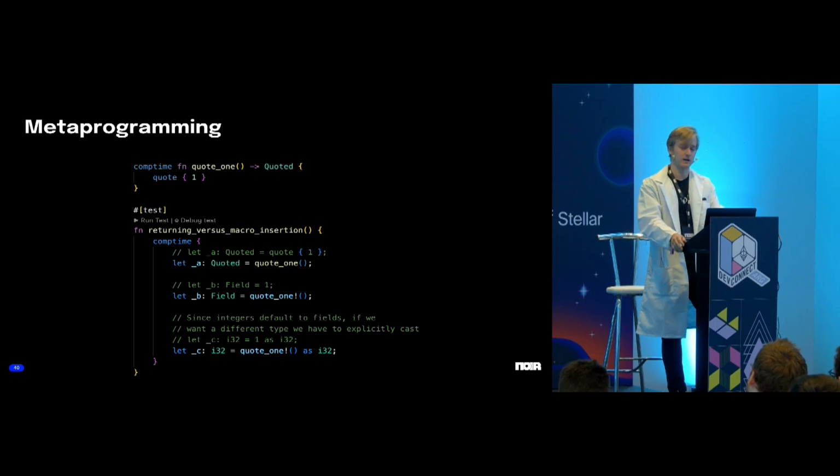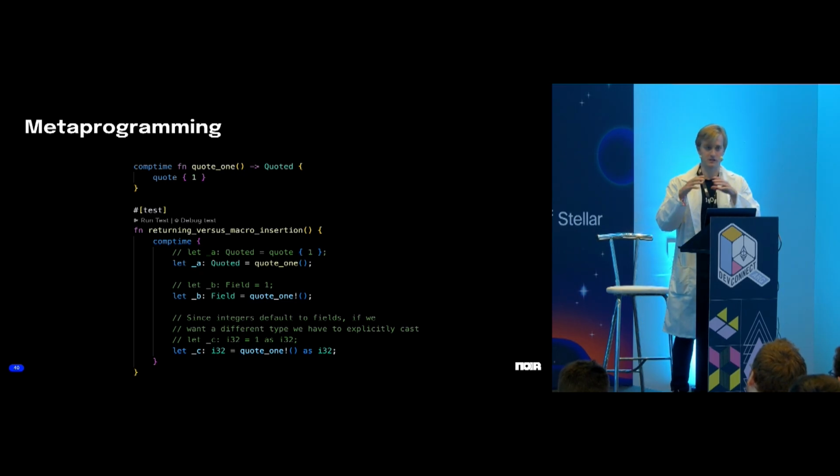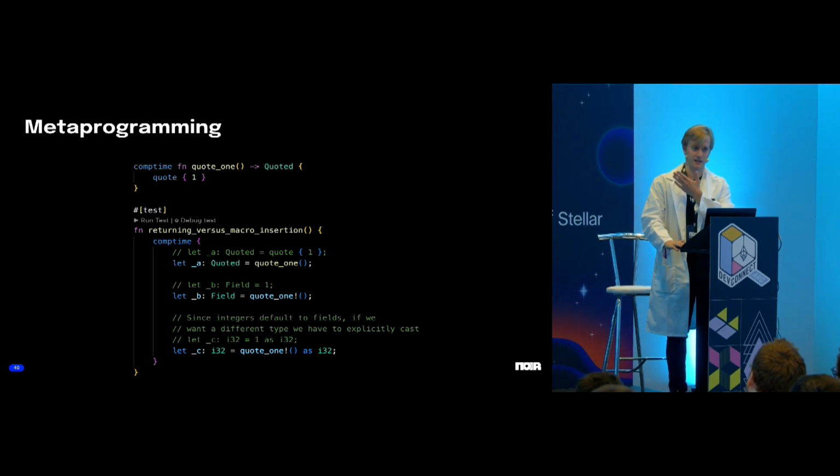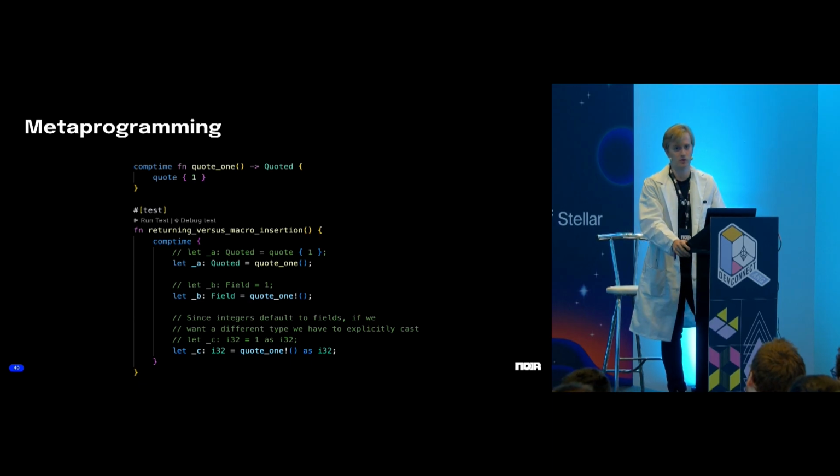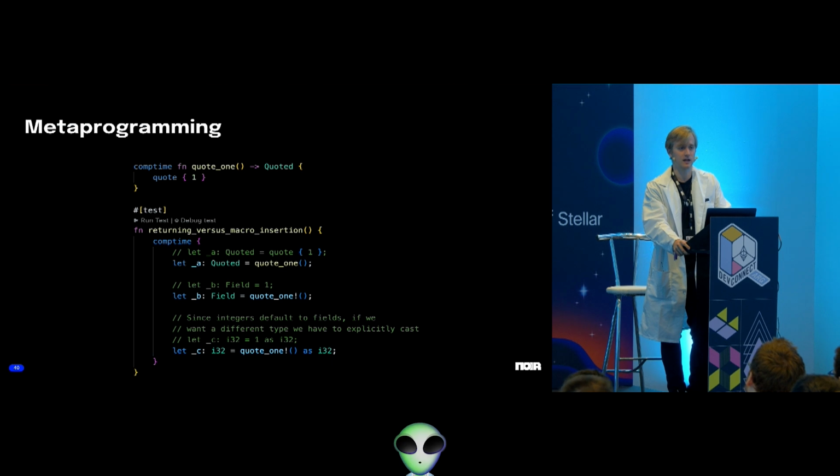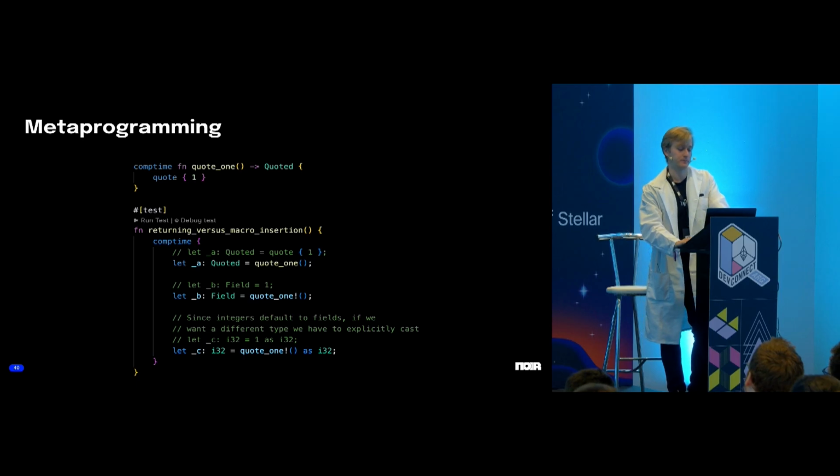That b at compile time is just going to be b equals 1. It reads as it does here when you're writing your Noir program, but that's actually what it's going to be. And then we can use it inside of our Noir code. Here we're just doing a simple as, casting it into a different value.